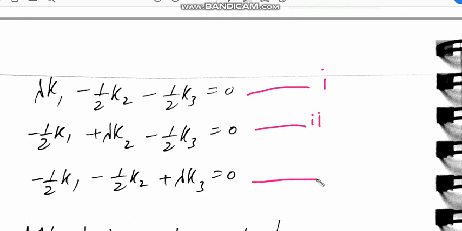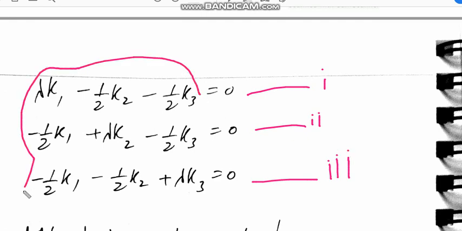Now what is our target? Our target is to check whether the values of lambda are real, and whether we are able to get the values of lambda. Now we find the determinant of this system of equations. The first row will be lambda, minus 1 by 2, minus 1 by 2.